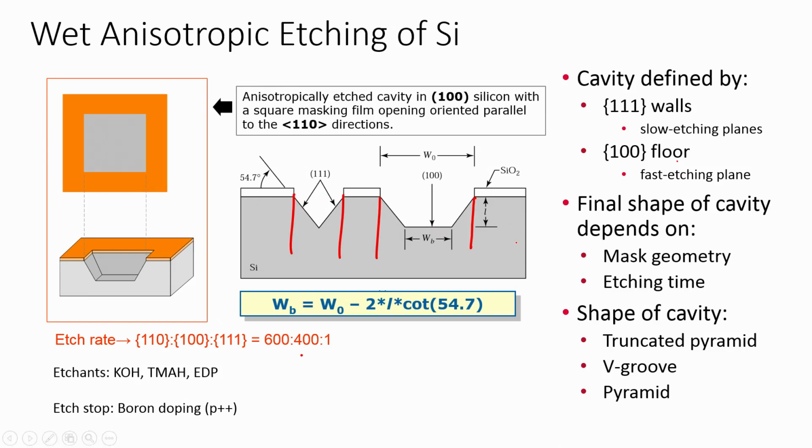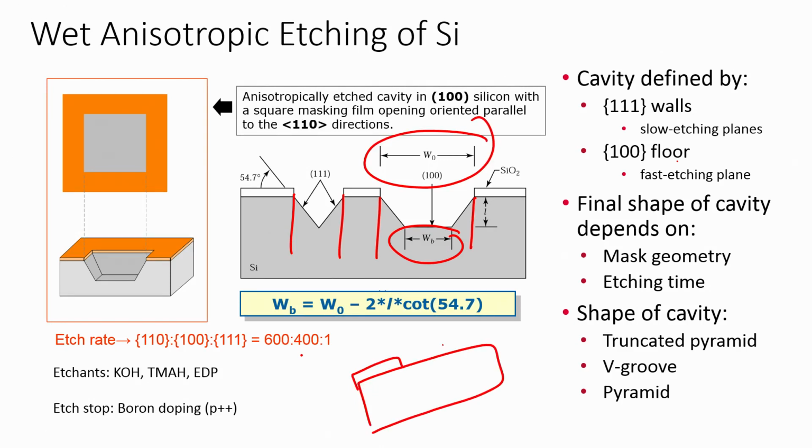So, if I want a particular depth with a particular lateral etching, I need to know the initial opening of the window that I have to create. For example, if I have an oxidized silicon wafer and I create a window which is my WO, what will be my final etching WB?